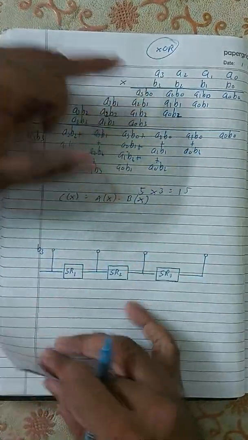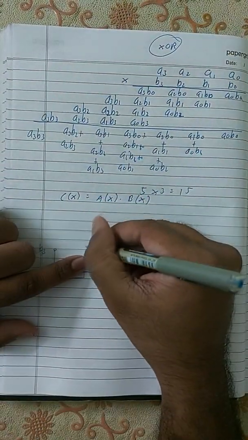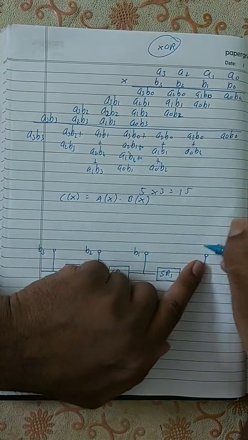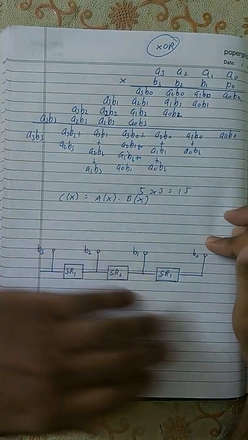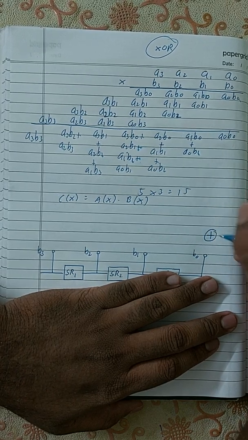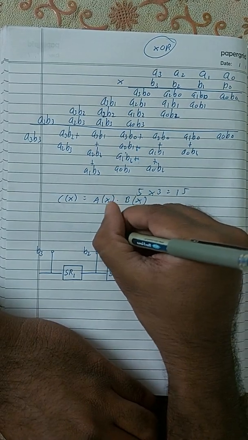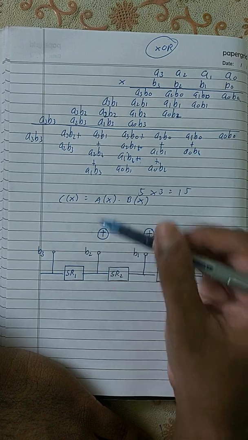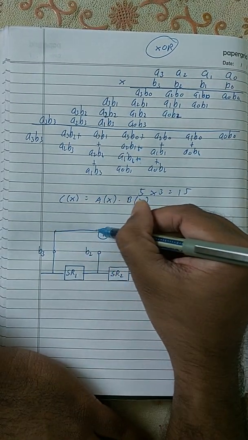This switch represents B2, this switch represents B1, and this switch represents B0. After the switch, I will draw the XOR gate. Here you don't have to draw the XOR gate because only one single input is available, so just join that over here.